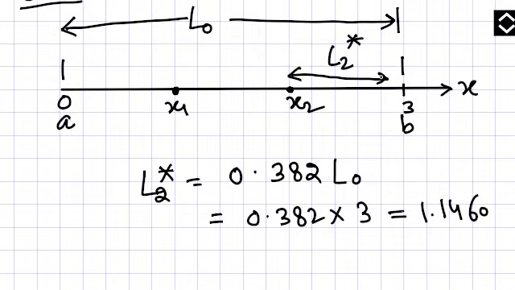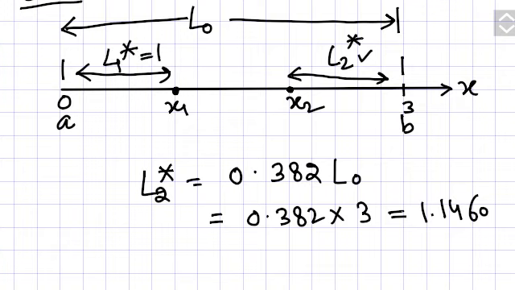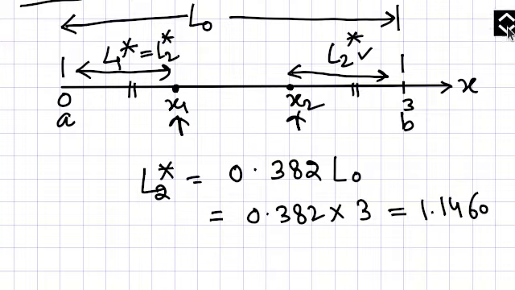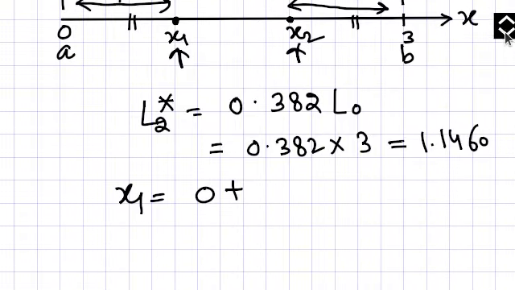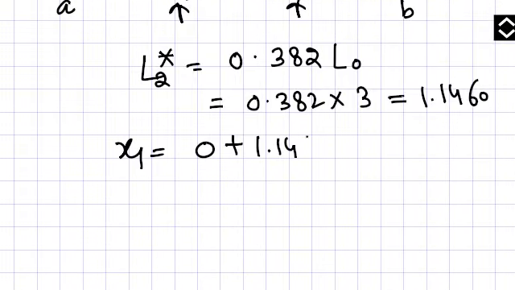So we have got this distance, 1.1460. So we can very easily decide this point, and also this distance is equal to, this distance is actually called this, but it is equal to L2. So these 2 distances are equal, and you can decide these points very easily. So how you decide x1: it is equal to 0 plus this distance, so it is nothing but this, so this point comes to be here.